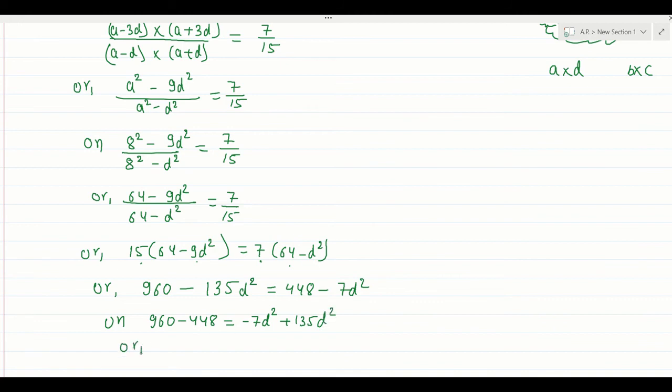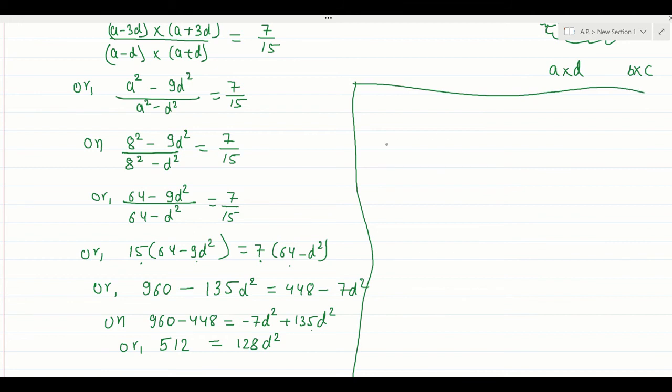Now how much is 960 minus 448? It is 512, equal to, now 135 minus 7 D square is 128D square. Isn't this? So after this, 512 will be divided by 128 equal to D square.